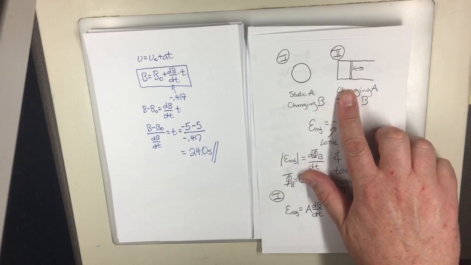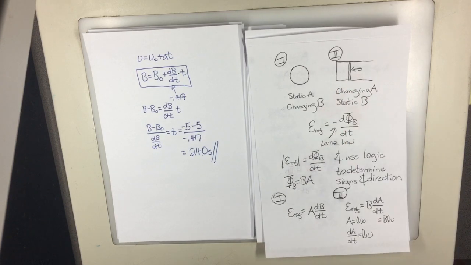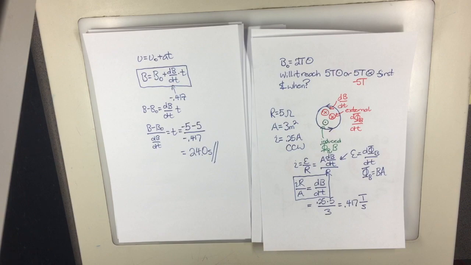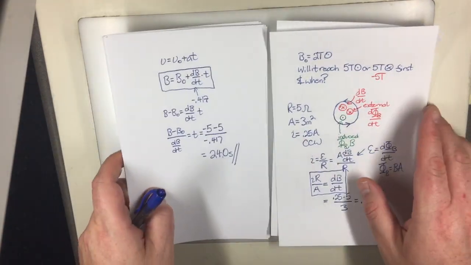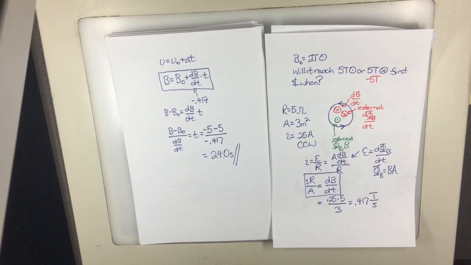If it's this guy with the moving bar, that means the area is changing. I have a problem where the B field changes and the area changes, and it's delicious. But I would say that's for calculus-based students or honors. I would totally throw it in an honors class. I would destroy them. But it's not, so it's sweet.